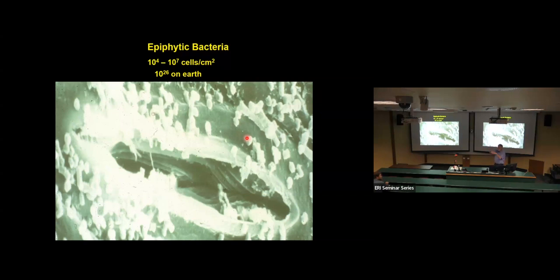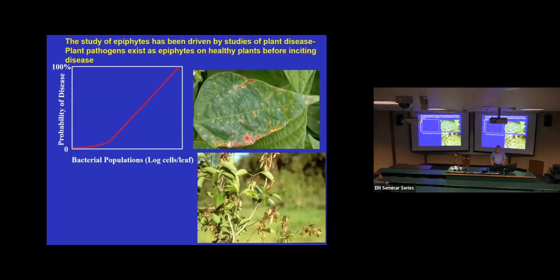When you add them up over all of the leaves and above ground parts of the plants in the world, you get about Avogadro's number of bacteria, probably larger than that of the ocean. It's quite a large number, and they're very important for various processes. And we'll talk about that today.